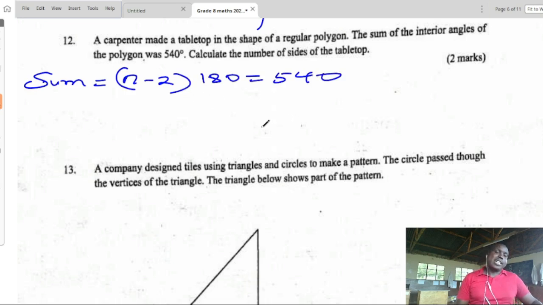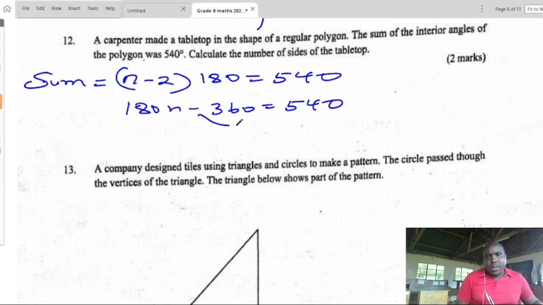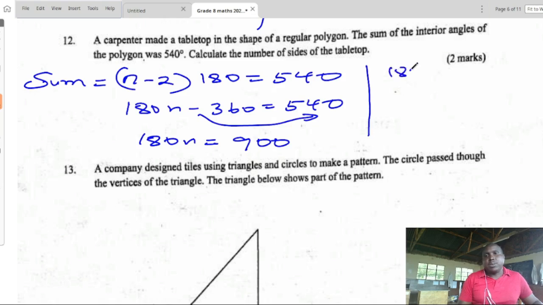Now we can get n by opening the bracket. 180n minus 360 is equal to 540. Putting like terms together, 180n is equal to 900, since 360 plus 540 is 900. Now divide both sides by 180, so n is equal to 900 divided by 180.